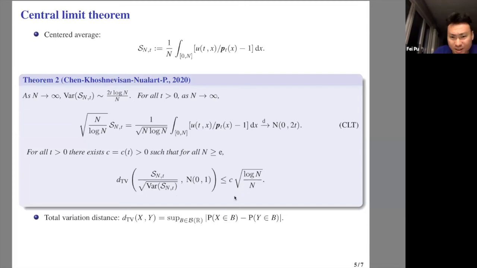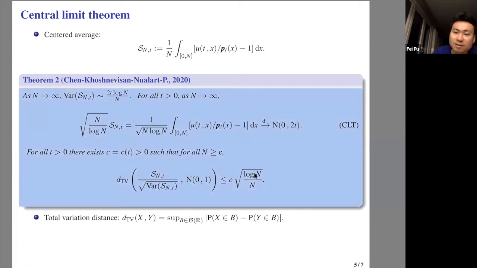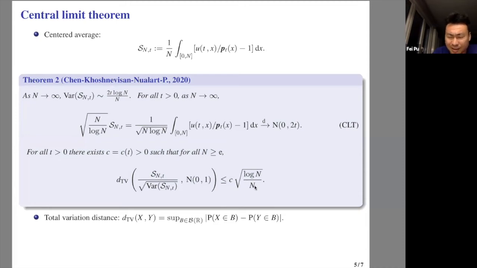So this convergence rate implies the CLT. By the way, this convergence rate is consistent with the behavior of the variance of S_{n,t}. It is a natural convergence rate that we expect.